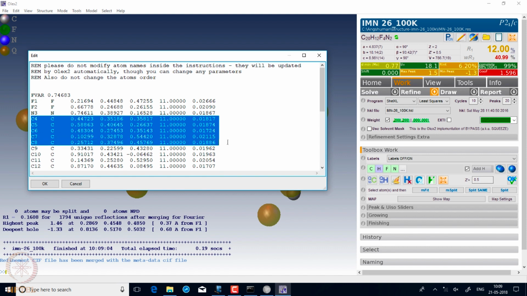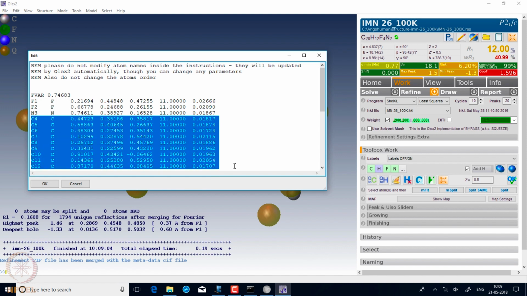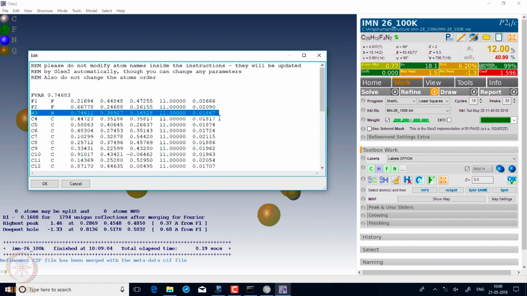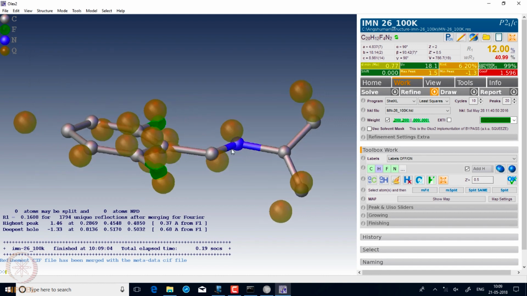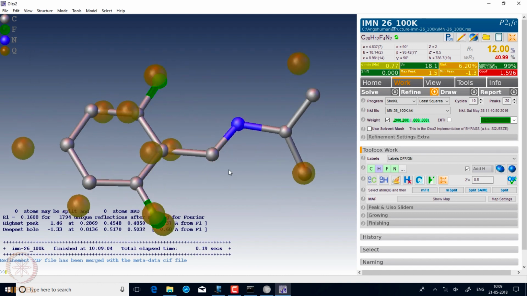If you see all the thermal parameters of carbons, they are all very same, and nitrogen also has a very similar thermal parameter like carbon, and fluorine having 9 electrons has a much higher thermal parameter. So now at this point, these are all considered as spheres.